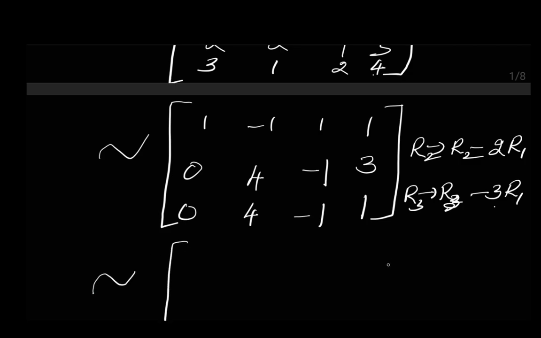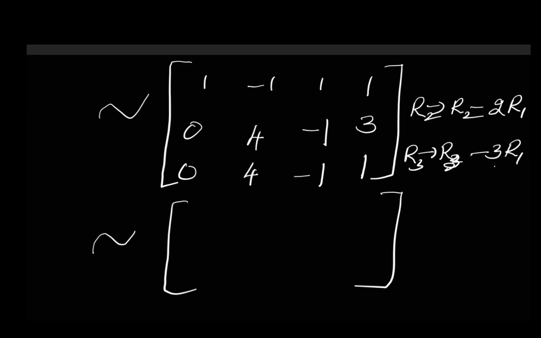Again you have to bring this matrix to the row echelon form. So first row you keep as it is, second row just keep as it is. In the third row you have to get the first two entries as 0. So already the first is 0. You see the second element is 4. You compare it with the second row, that is also 4. So if I subtract, I will get 0.